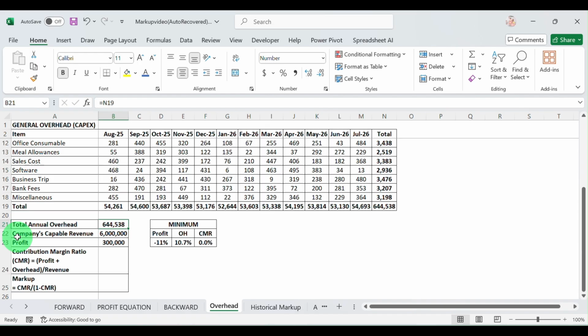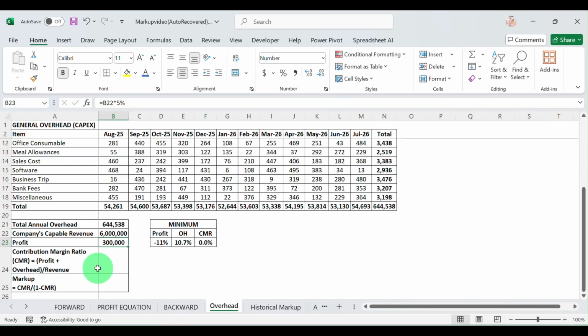For example, they can execute maximum $5 million a year or $6 million a year. For this example, this company has the capable revenue for a year of around 6 million. So we have revenue here, and this company wants to set a profit of 300,000.